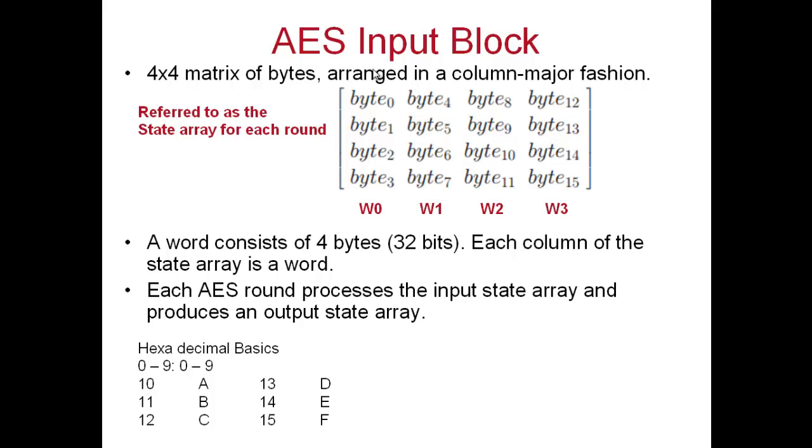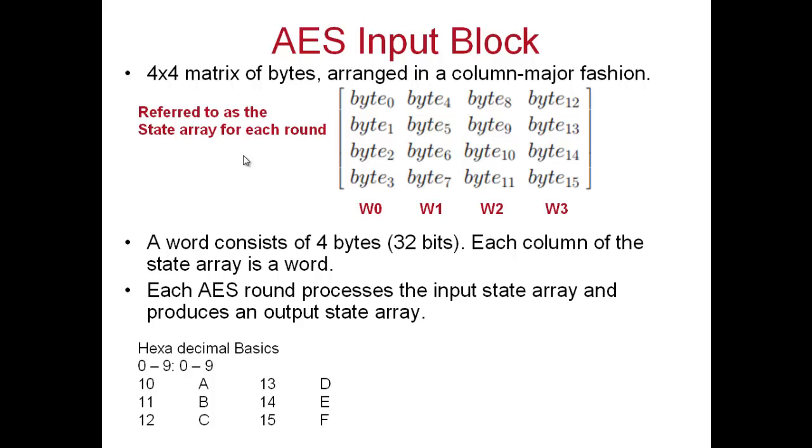We call this the input block initially, and as we go through each round, we still have a 128-bit block. We call the block at each round a state array. So we'll have a state array entering a round, and leaving as an output state array.